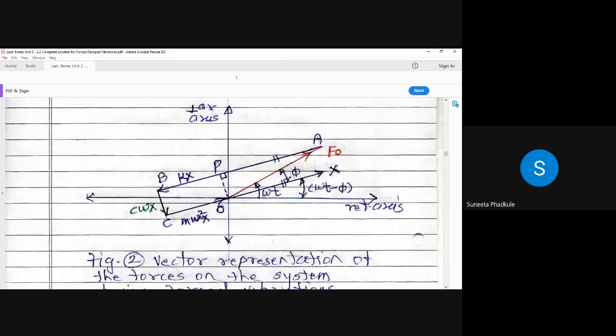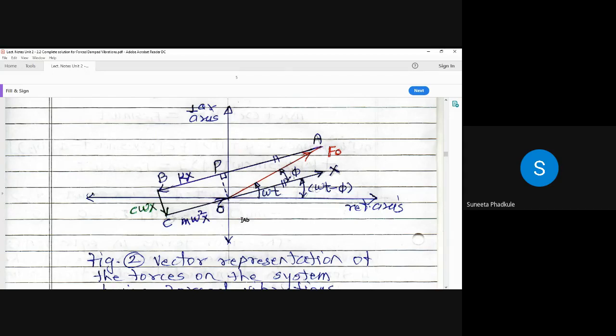And the inertia force is always opposite to the acceleration. See, acceleration is always leading the displacement by 180 degrees. So this is the displacement direction, towards left, so the acceleration direction is towards left, and the inertia force is towards right. So the inertia force is always opposite to the acceleration.